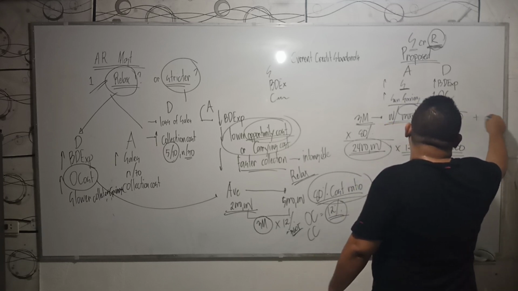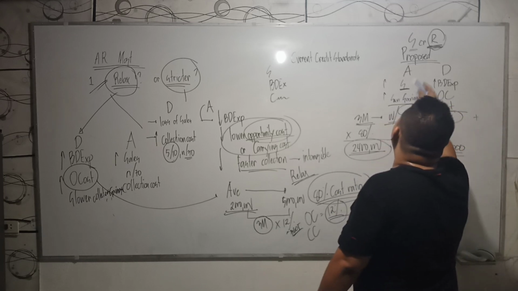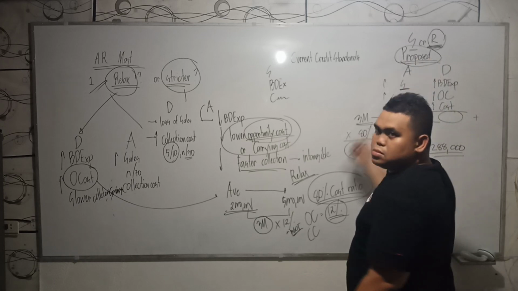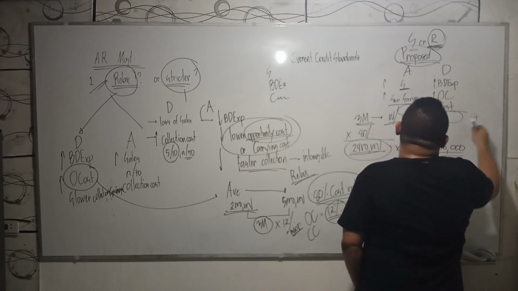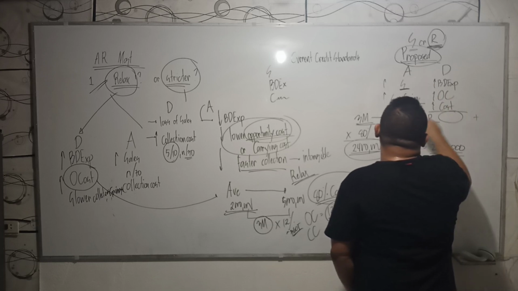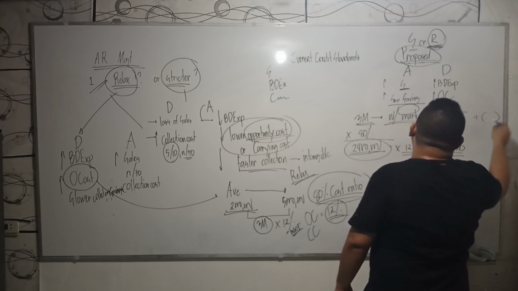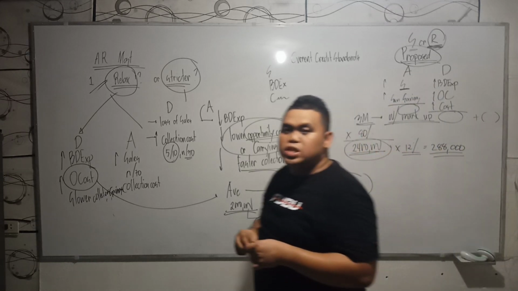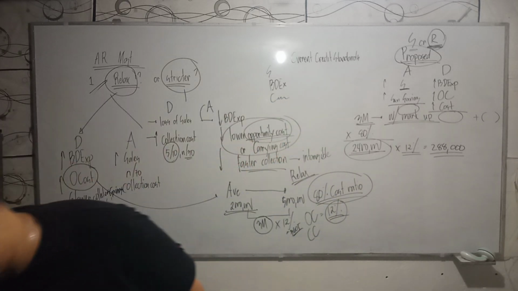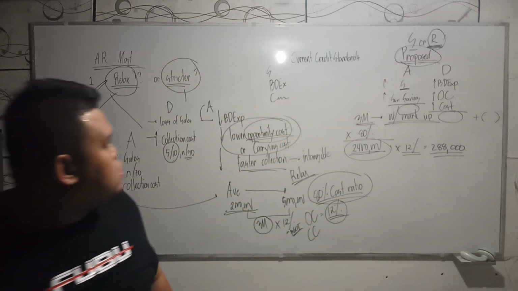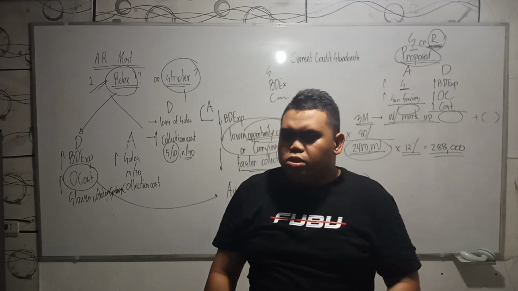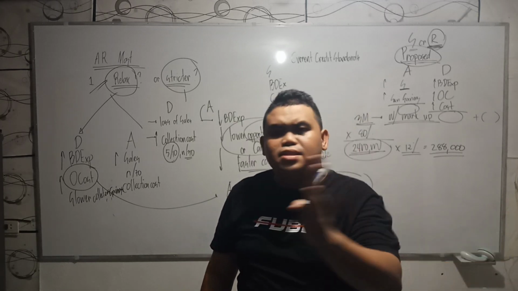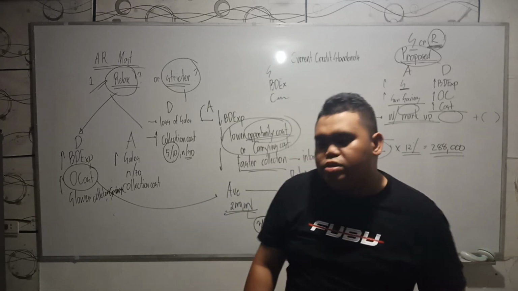So if this is positive, then we go to the proposed. But if the disadvantage is greater, so that advantage minus disadvantage becomes negative, of course, we have to reject the proposed relaxation of credit standards. So that's the first one that you need to understand.